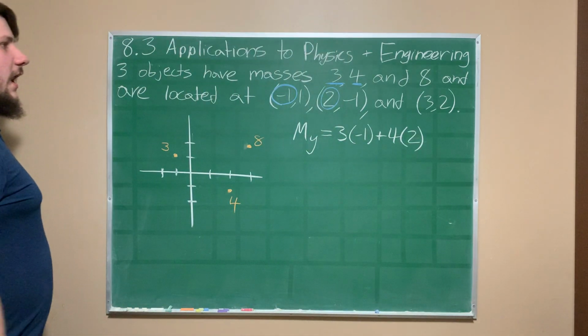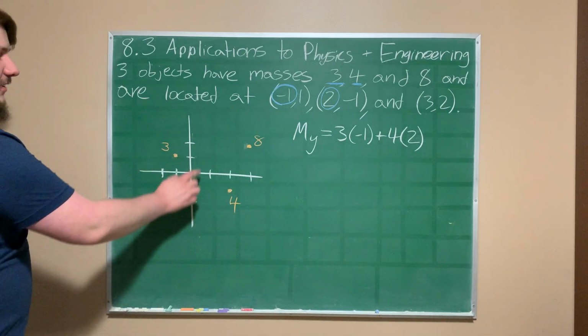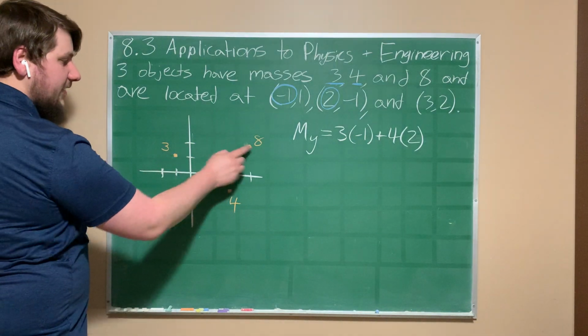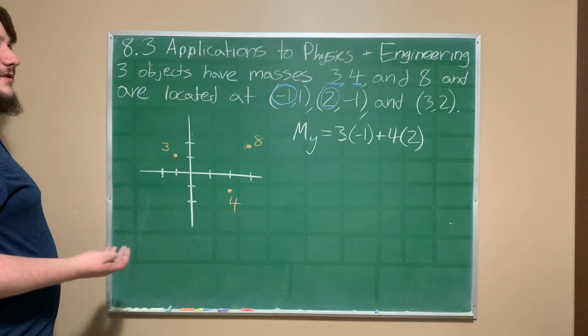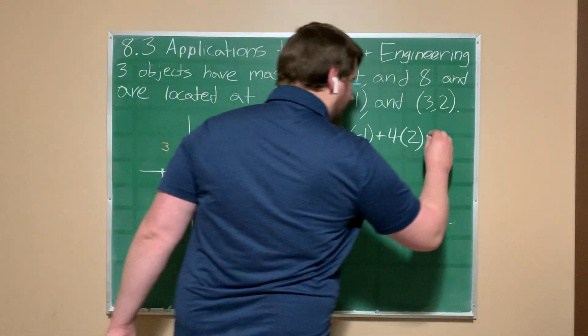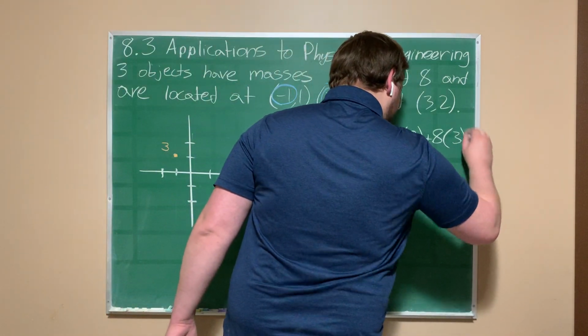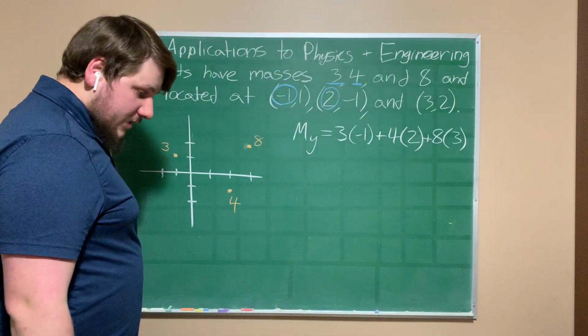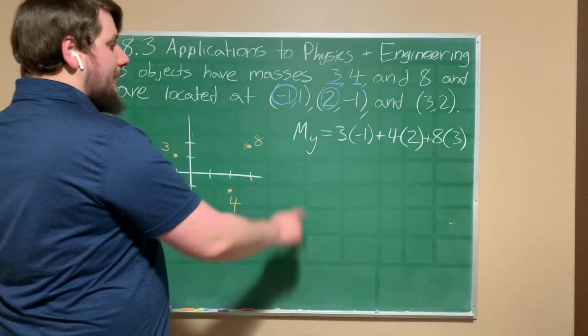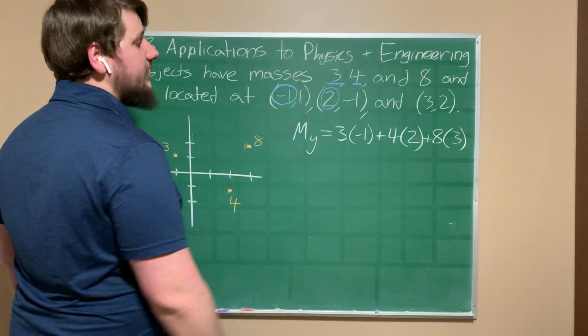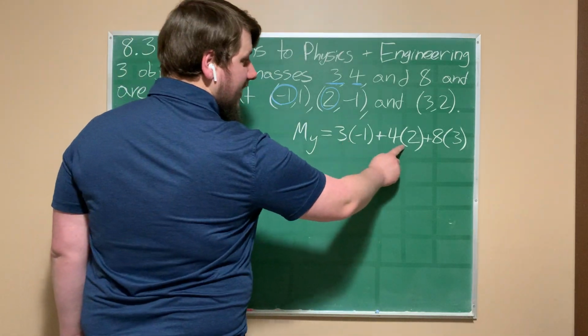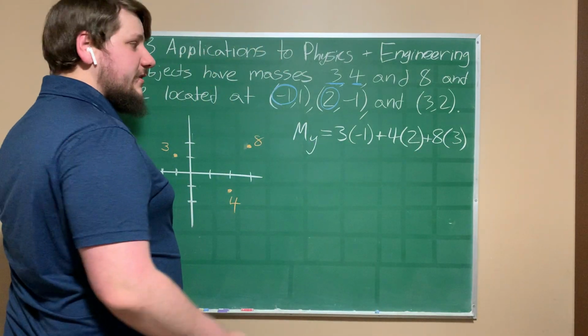And finally, our last point here is 3 units away from the axis, and it has a mass of 8. So we're going to have 8 times 3. So the total moment with respect to the y-axis is going to be -3 plus 8 plus 24, which is 29.